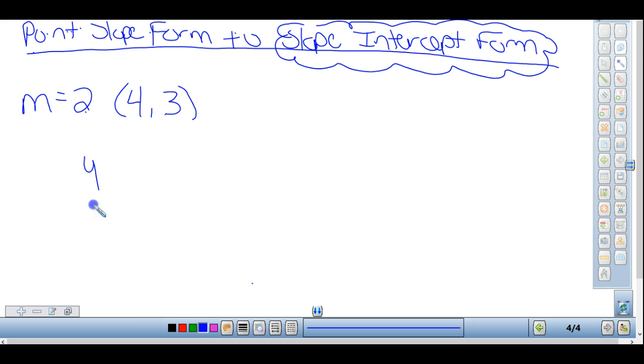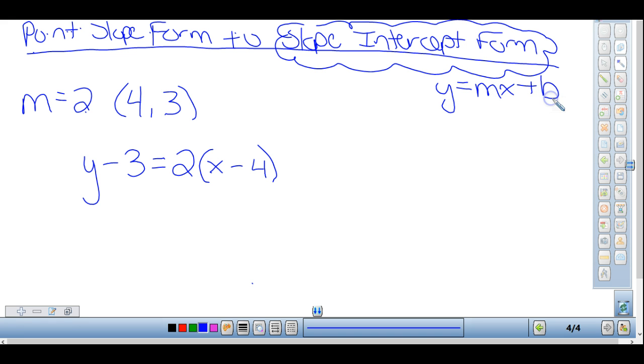So I've got y minus 3 equals 2 times x minus 4. Okay, and I want to get it into y equals mx plus b. So what is by itself here? Y. So I want to get y by itself. Now a lot of you are saying to add 3.